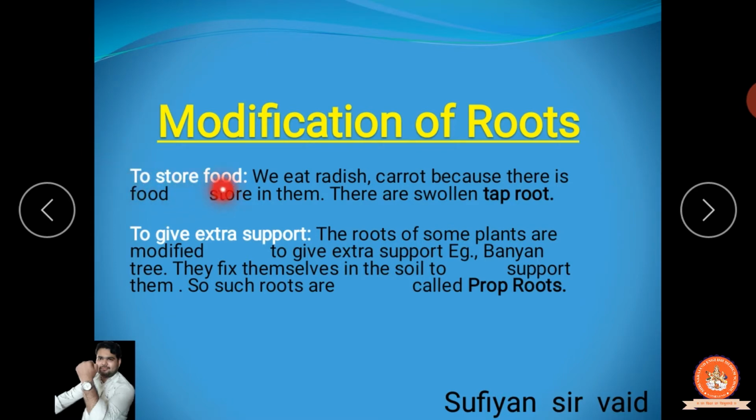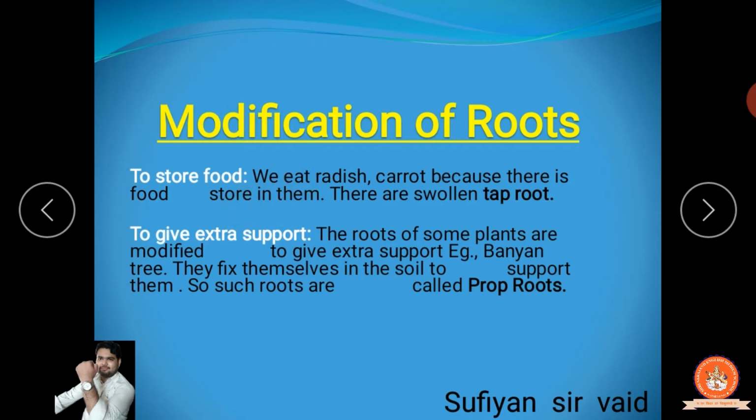To store food, we eat radish and carrot because food is stored in them. They are swollen taproots. After the modification, the root becomes a store of food.